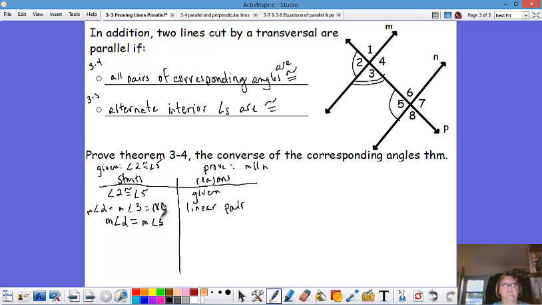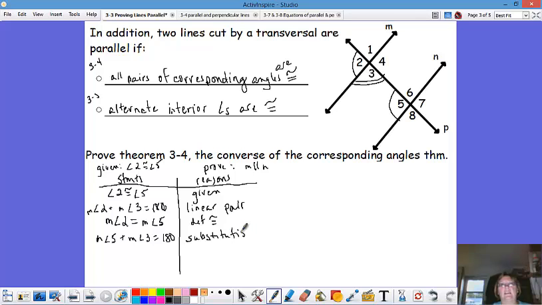The measure of angle 2 equals the measure of angle 5, and that is the definition of congruence. Many folks would not put that line into the proof. It just depends on how picky you are. But I want to substitute something for that measure of angle 2, so it really ought to be something that's equal to the measure of angle 2. I'm going to substitute that measure of angle 5 up there. So the measure of angle 5 plus the measure of angle 3 equals 180. And that is a direct substitution.